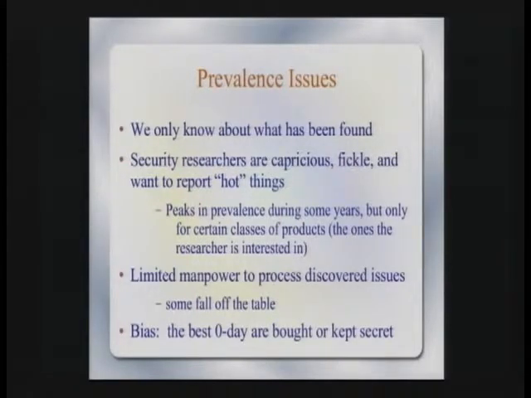They can be sold to government agencies. They can be sold to companies. There are companies offering bounties for that. We had a speaker earlier at the security seminar who was describing how they purchased vulnerability information from researchers. So we don't know about all of these.